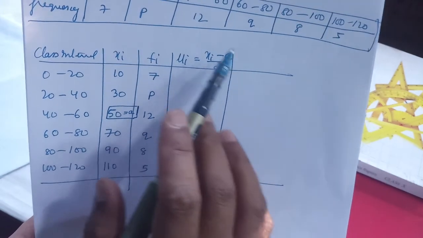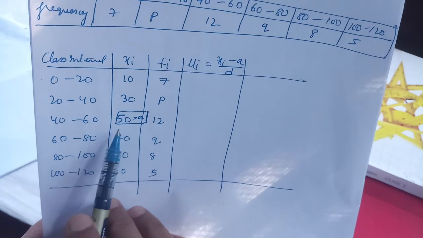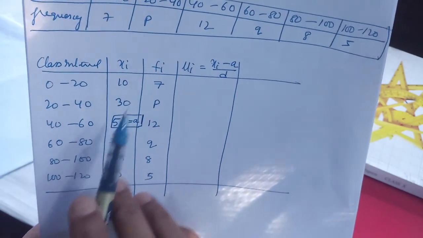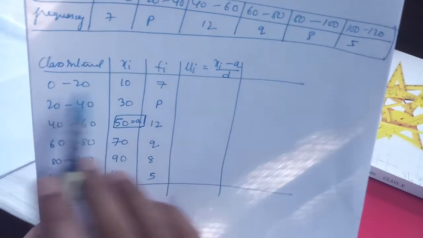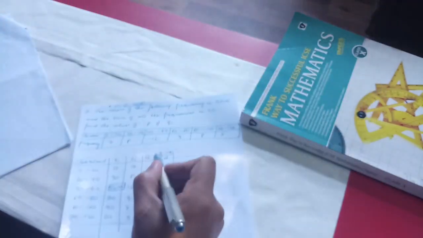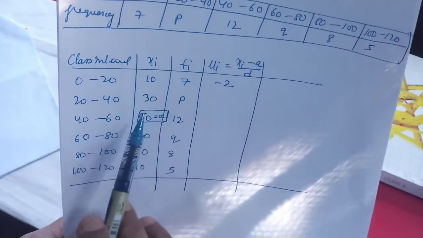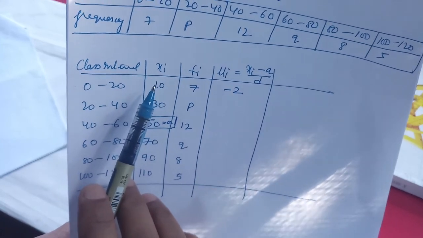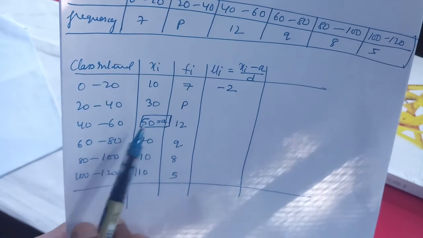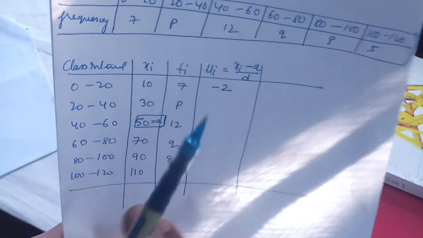I'm going to do this mentally. xi 10 minus 50 is minus 40, yes or no? Divide by 20, so minus 40 divided by 20 is minus 2. Keep in mind that you should not forget the minus, because you are subtracting a bigger number from a smaller number.